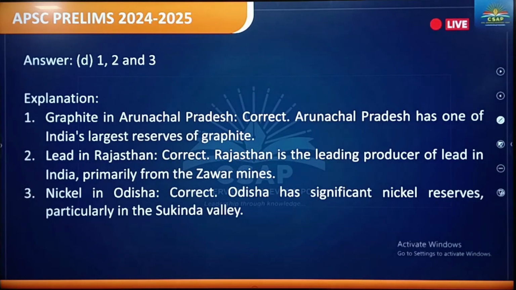So graphite in Arunachal Pradesh, correct. Arunachal Pradesh has one of India's largest reserves of graphite. Then we have lead. Rajasthan is the leading producer of lead in the country from the Zawar mines.